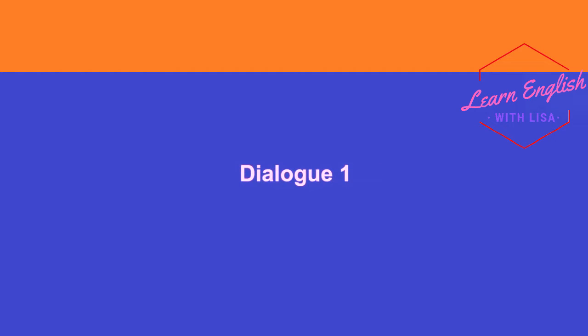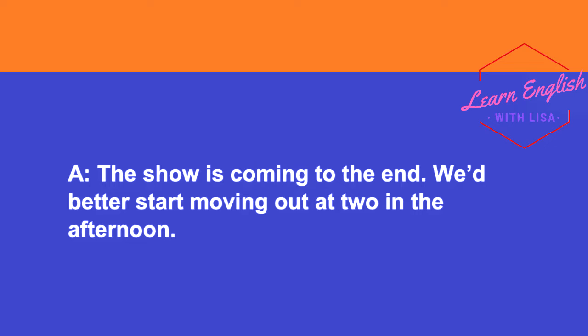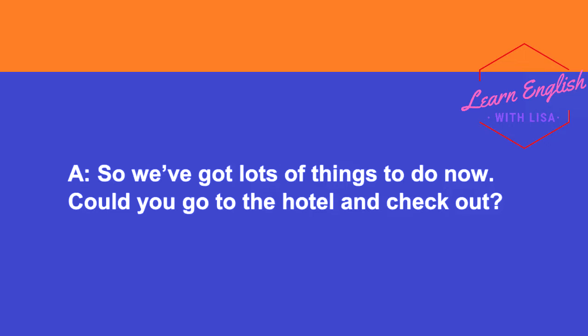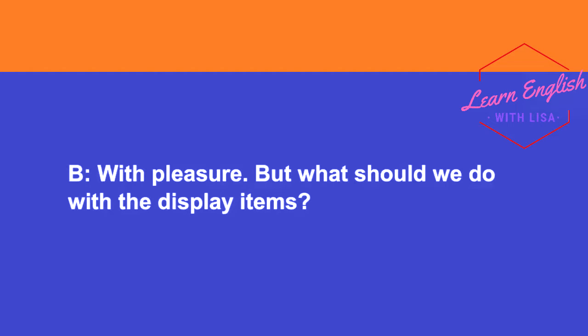Dialogue 1. The show is coming to the end. We'd better start moving out at 2 in the afternoon. It's finally over. I have yearned for home. So we've got lots of things to do now. Could you go to the hotel and check out? With pleasure. But what should we do with the display items?